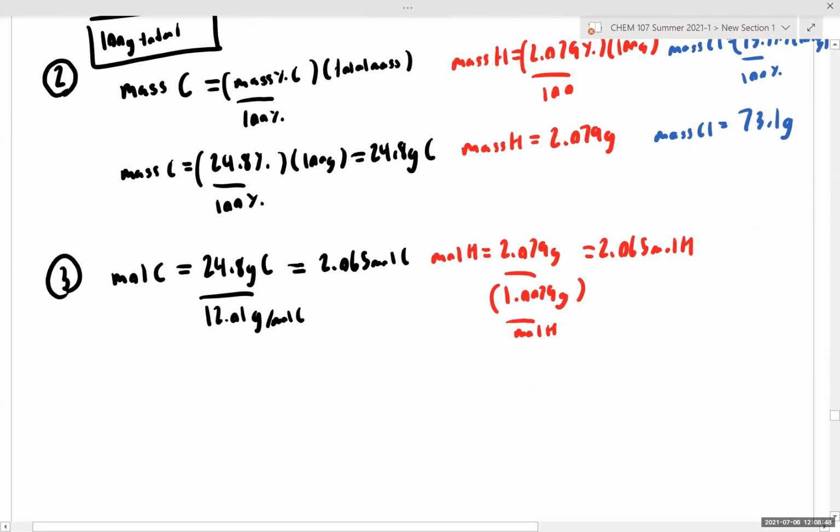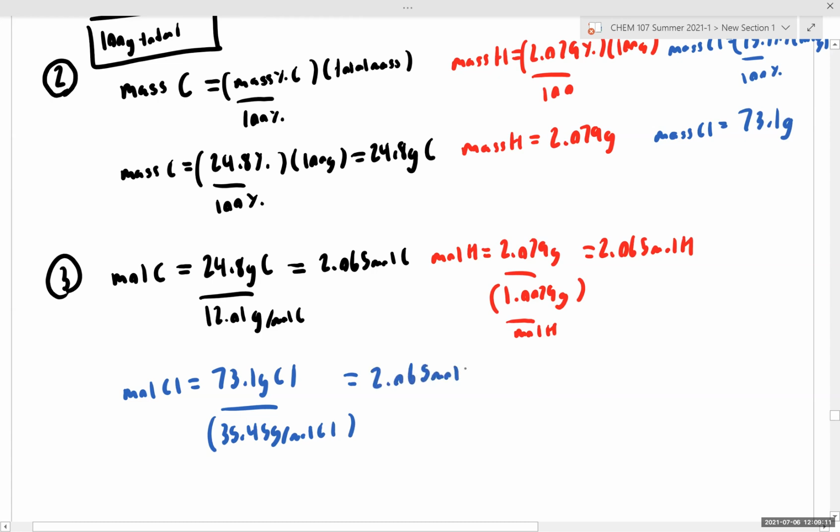Now let's do the same process to calculate the moles of chlorine. We have 73.1 grams of chlorine over 35.45 gram per mole chlorine. That in turn gives us 2.065 moles of chlorine. Does this process make sense to everyone so far?